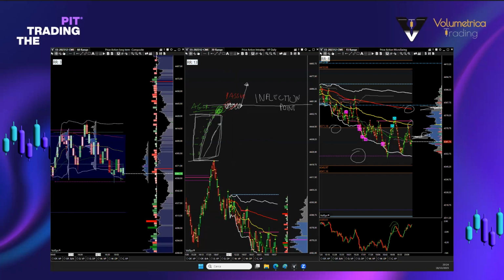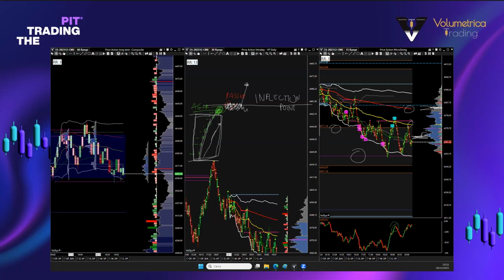Well, not really, because we still have aggressive buyers trying to push price higher and passive sellers trying to hold price. So yeah, we can say in this case that price is being absorbed. Buyers are being absorbed by passive sellers, but they haven't actually been absorbed.